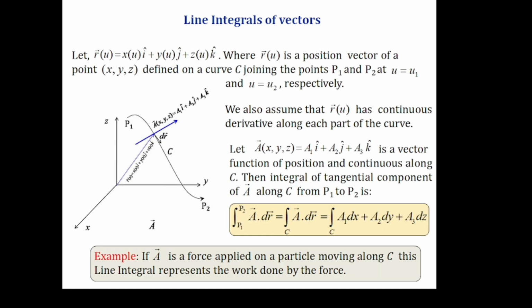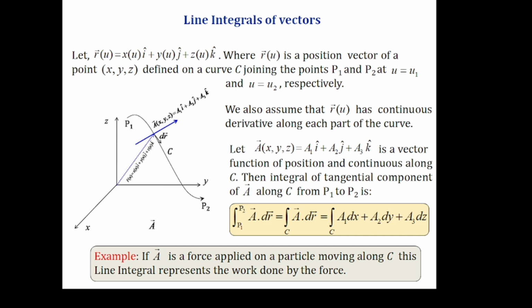Now we will start the line integral of vectors. Let us understand the mathematical description of the line integral. Suppose we have a line or a curve C joining the points P1 and P2. Let the position vector of any arbitrary point of the curve be r = (x, y, z).